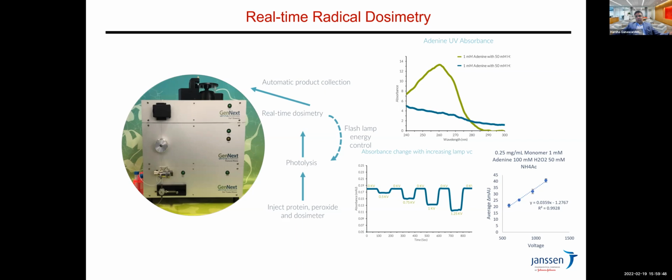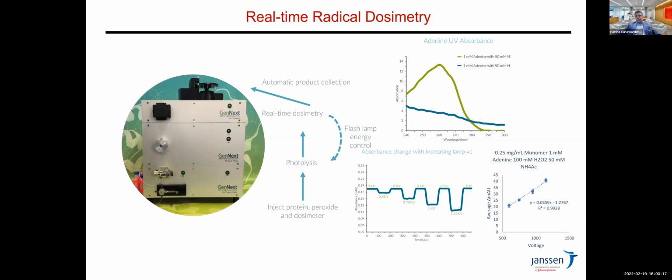So when we do the FOX laser-free FPOP workflow as depicted in this figure, the effective hydroxyl radical load is assessed in real time by monitoring the change in this adenine UV absorbance. Should the change in absorbance be less than the desired target, in other words, insufficient hydroxy radical load, the flash energy is increased until such time the target change in adenine UV absorbance is achieved.